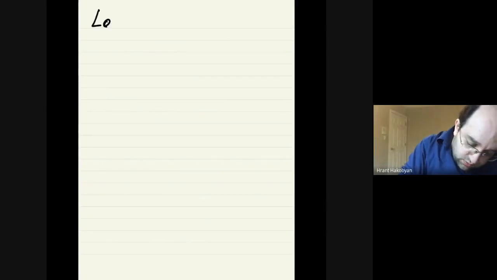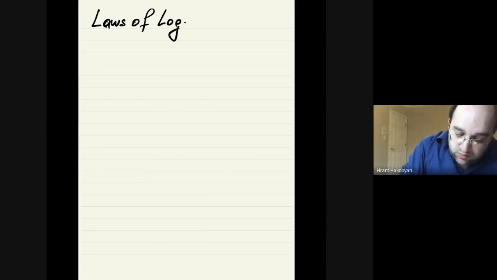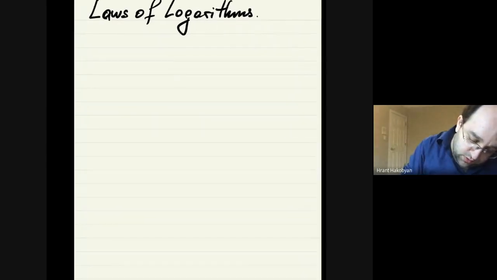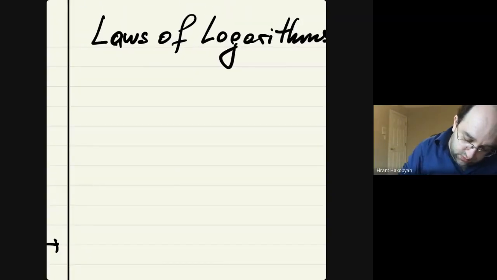So, laws of logarithms. So what are these laws?